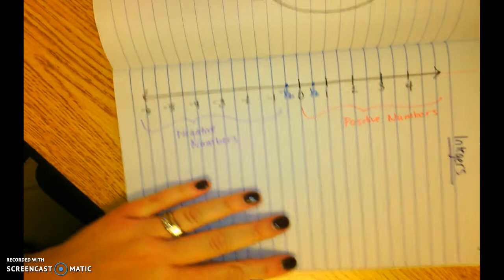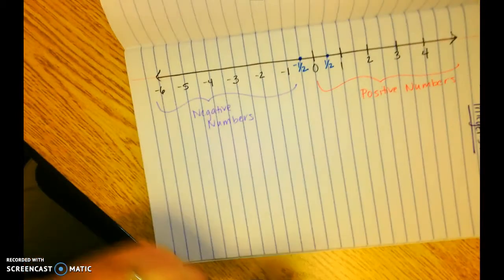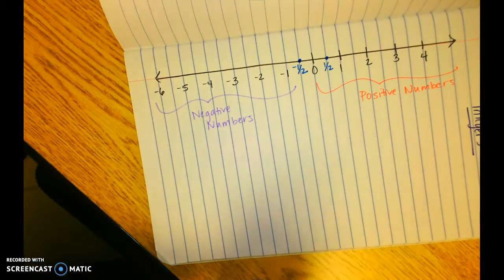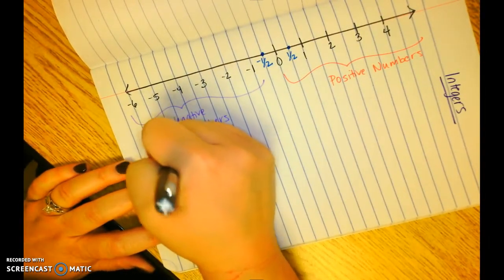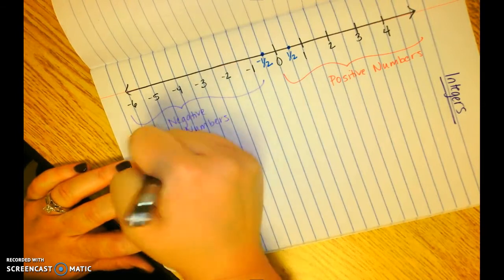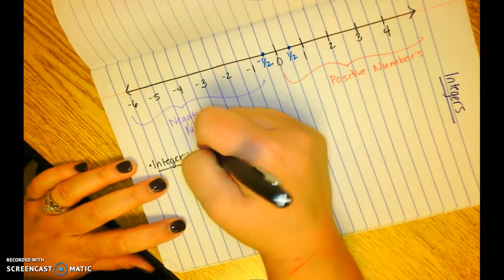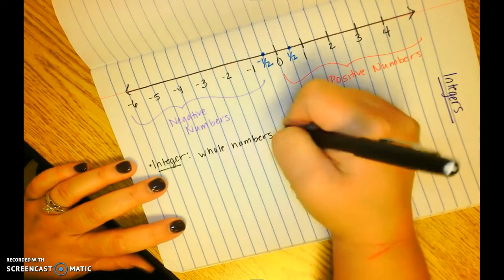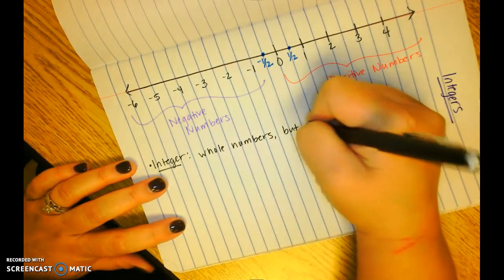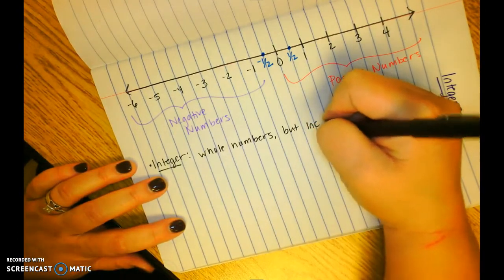Okay? So, some vocab for us. Now we have our number line. The integer. An integer are whole numbers, but they include negative numbers.